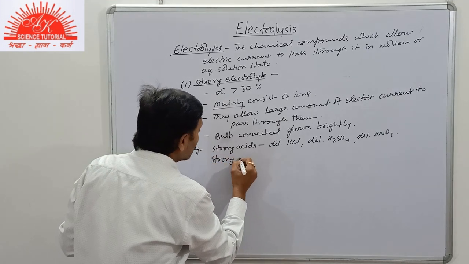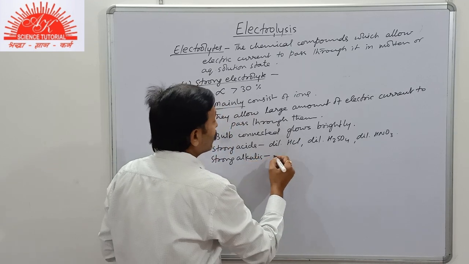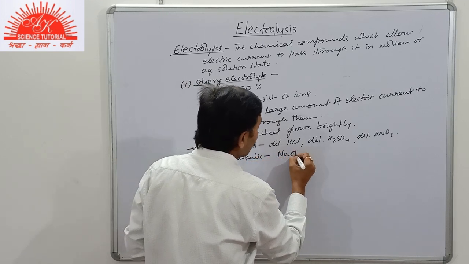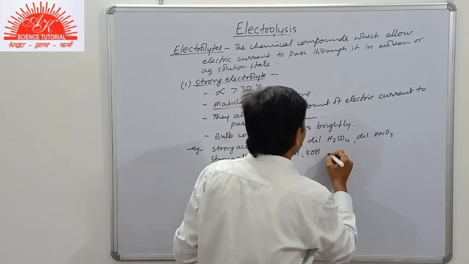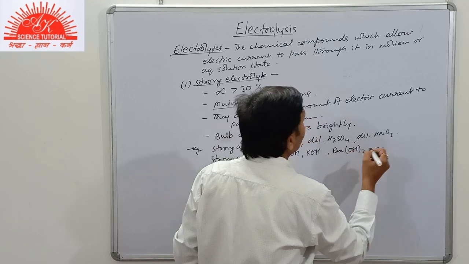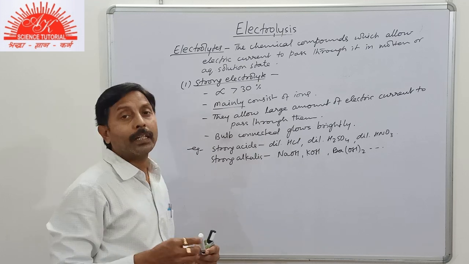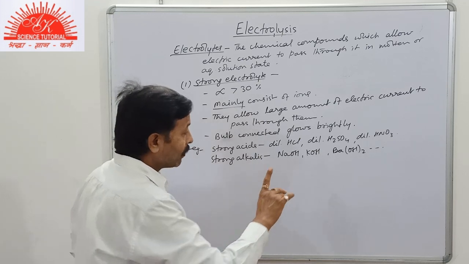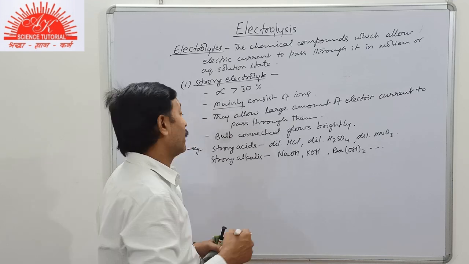Similarly, strong alkalis like NaOH, KOH, and barium hydroxide. Although it is not part of our syllabus, barium hydroxide is also a strong electrolyte, as all alkalis are strong electrolytes.